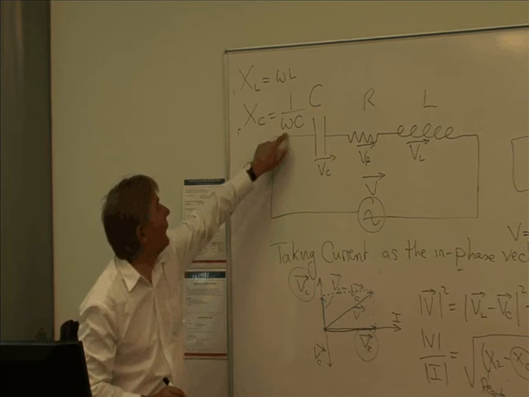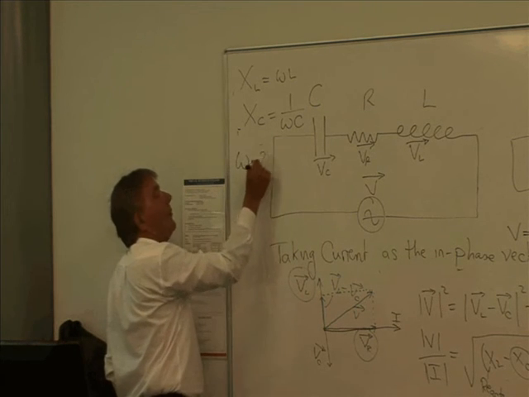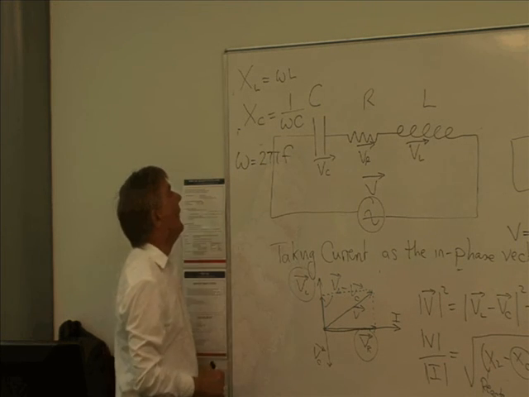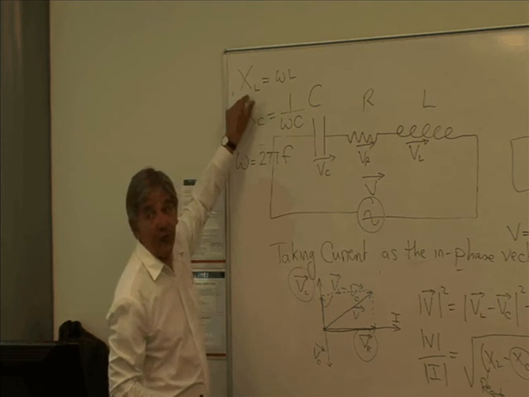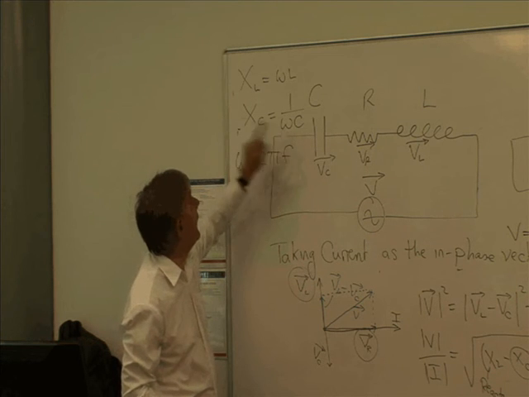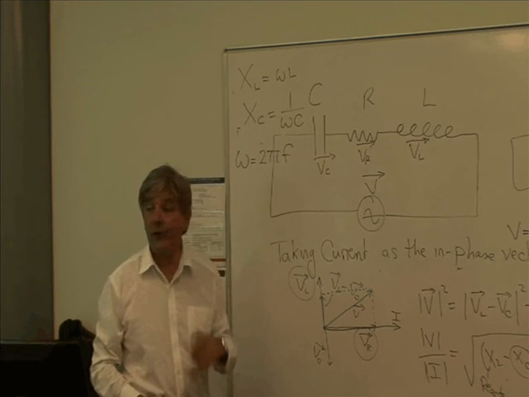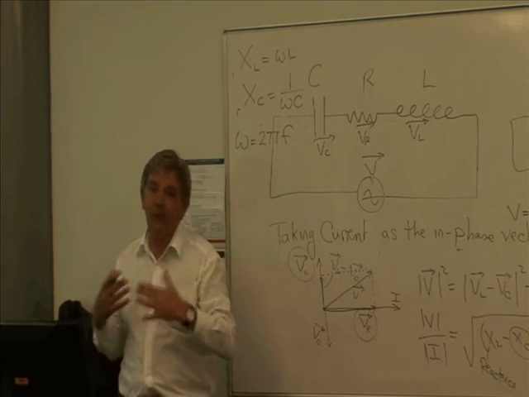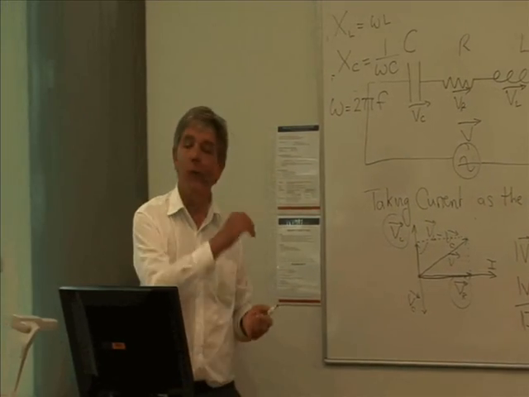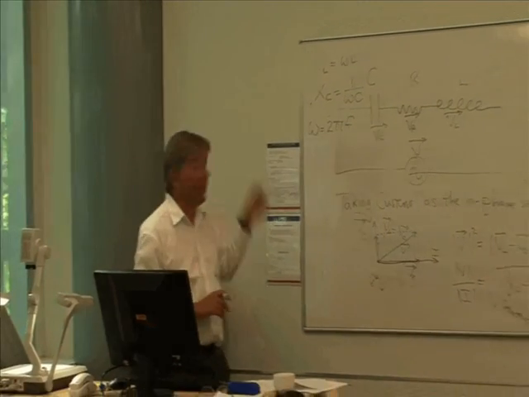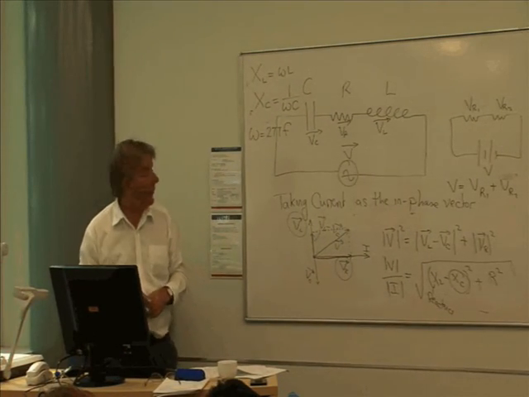As we increase the frequency, remember omega is 2 pi f, so in the first one, the reactance increases. But as we increase the frequency on the second one, the reactance decreases. So capacitors like to pass higher frequencies. The higher the frequency encountered, the easier it will pass through a capacitor, whereas the opposite's true for an inductor.